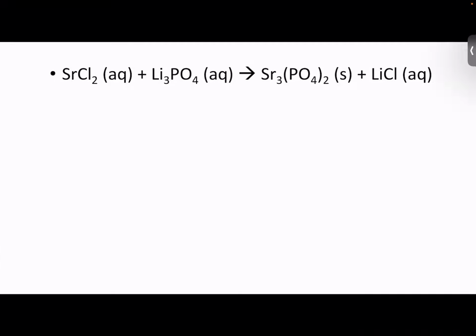Now, one trick that, if you watch my flipped videos, you would know that I do, is I do a cursory glance through the entire problem. And when I'm doing this cursory glance, one of the things I'm looking for is polyatomic ions. I'm looking to see, okay, I have a polyatomic ion on the reactant side.